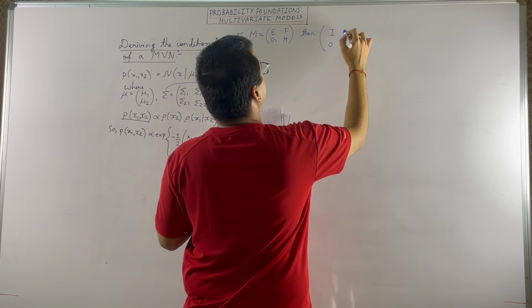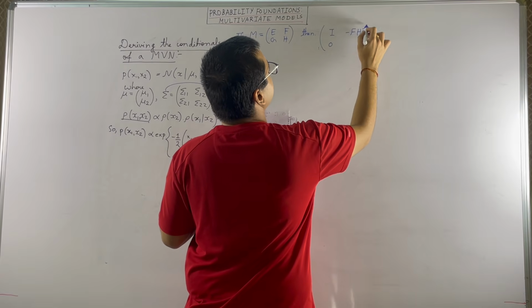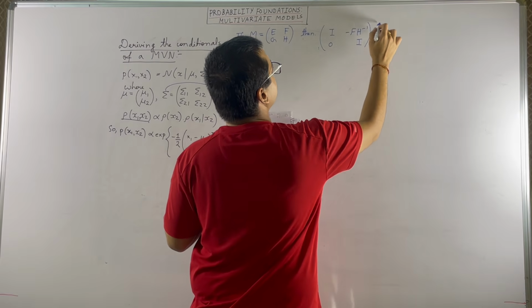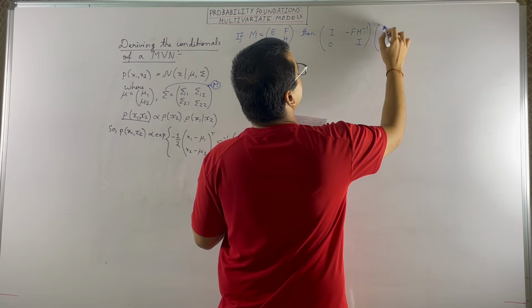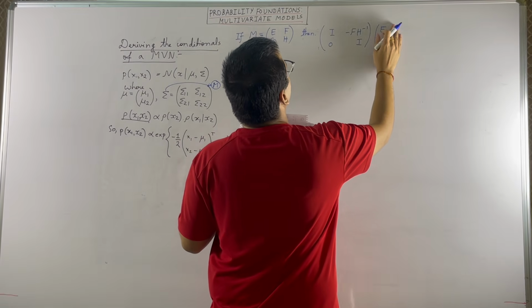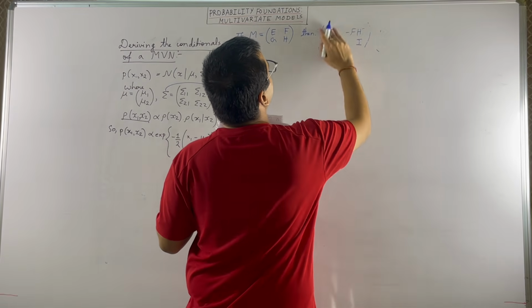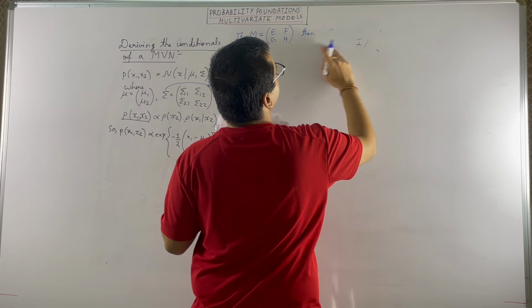So I minus F H inverse, I, times, or what I should say is this thing, because I have to write for M inverse.